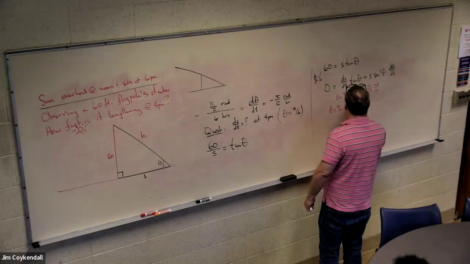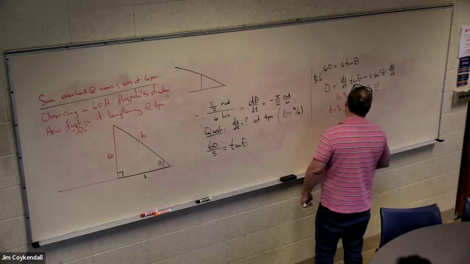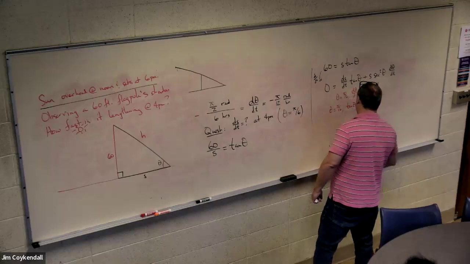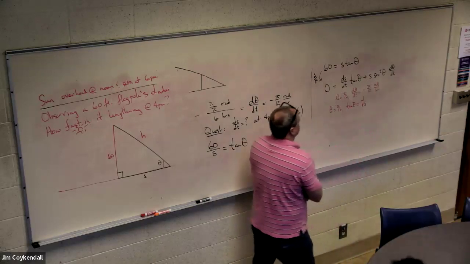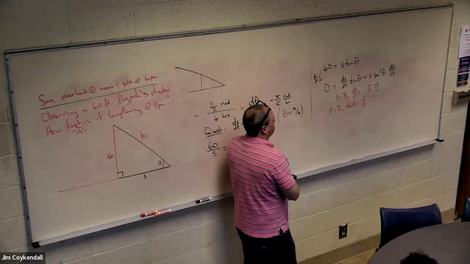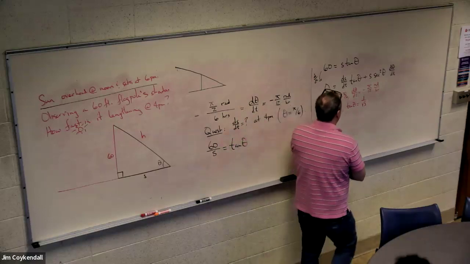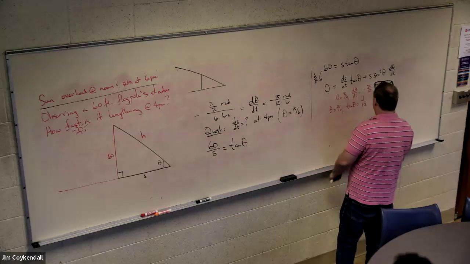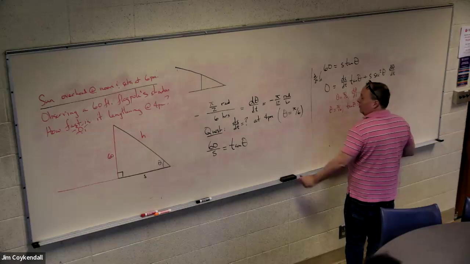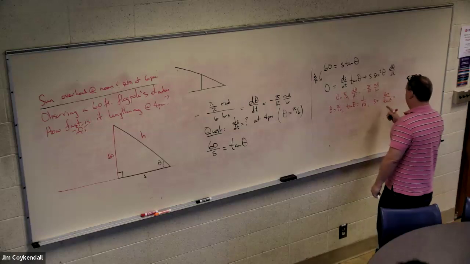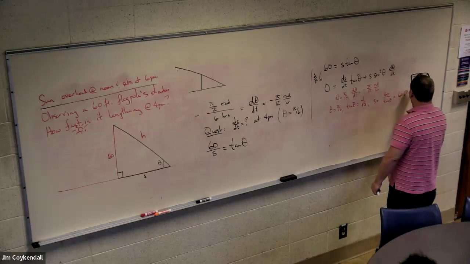That means tangent theta is 1 over root 3, right? And so S equals 60 over tangent theta, which is 60 root 3.